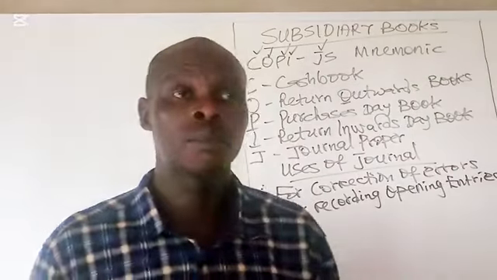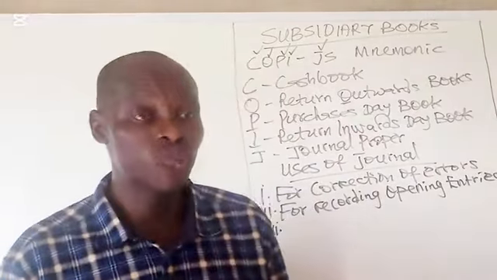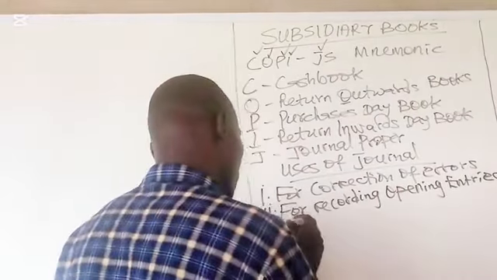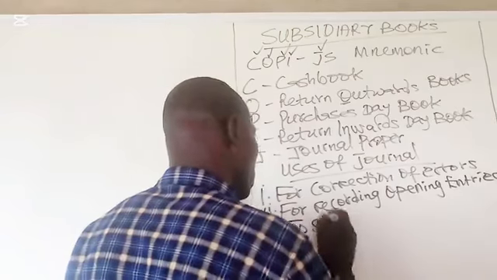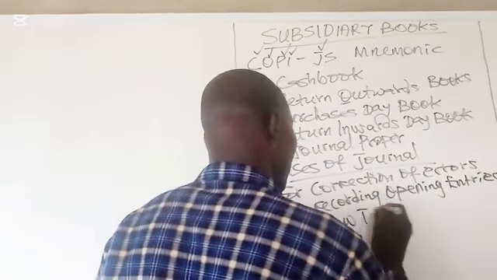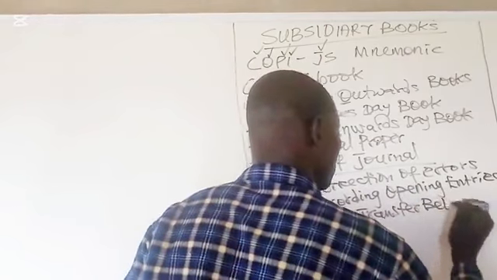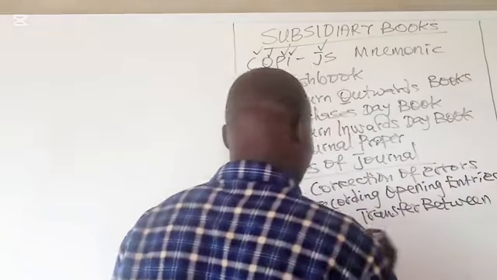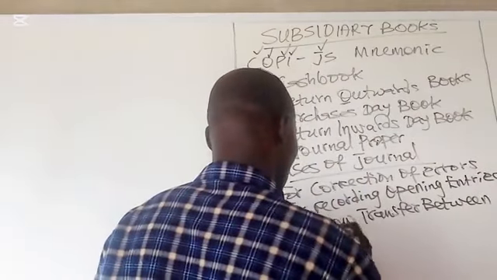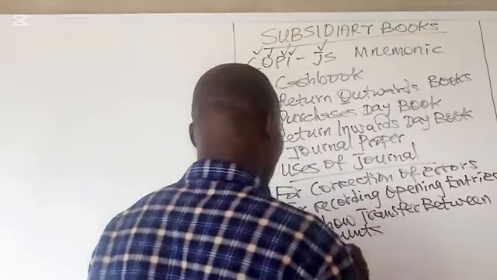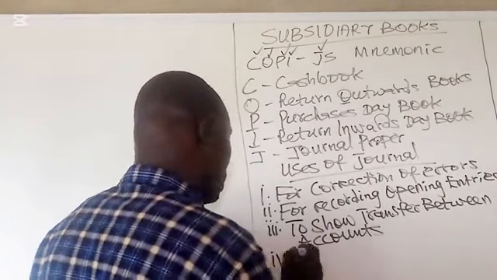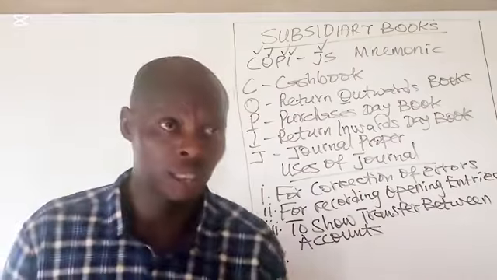Number three, to show transfer between accounts. We use journal proper to show transfer between accounts.